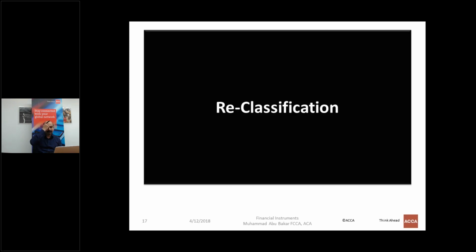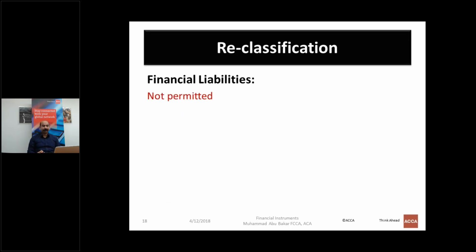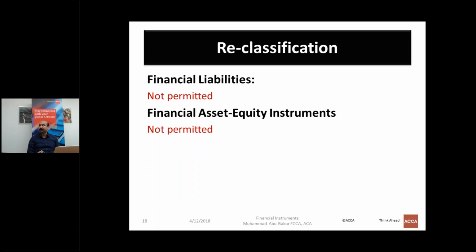Now comes the reclassification. Financial liability, you cannot reclassify, not permitted. Financial asset, equity instrument, not permitted. You cannot reclassify.